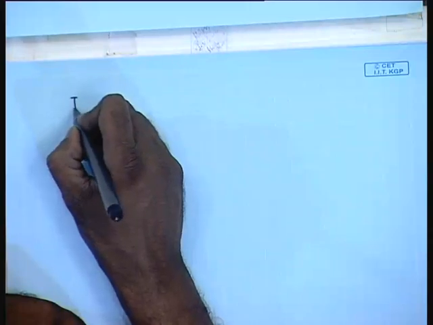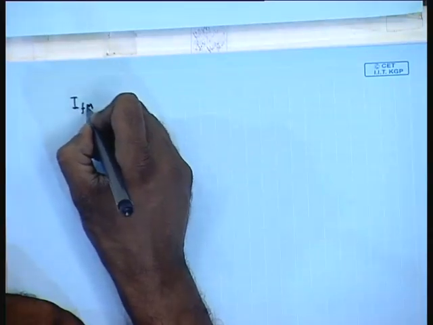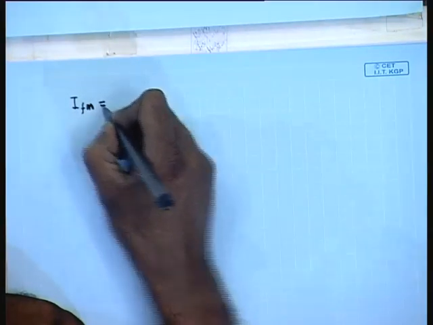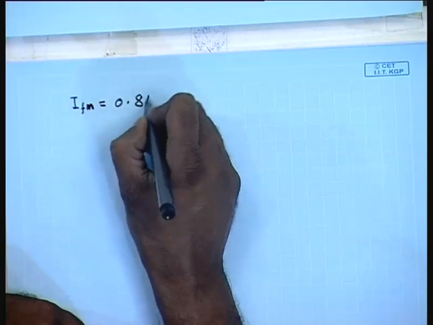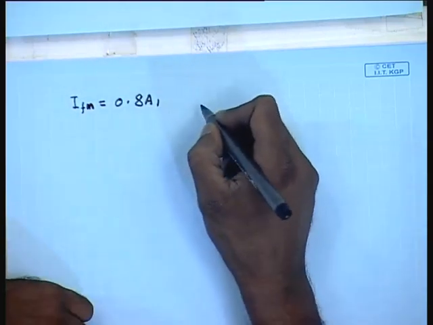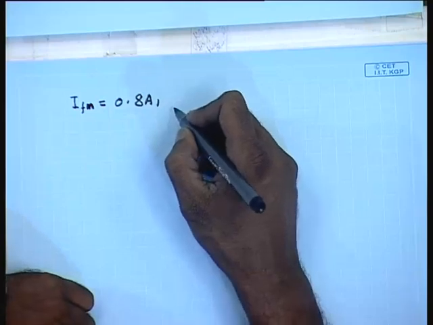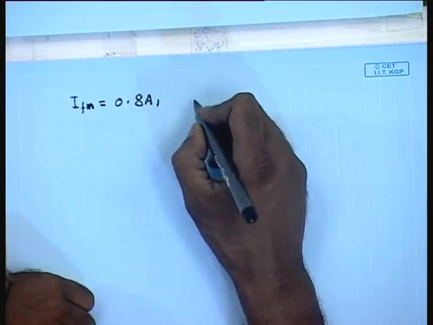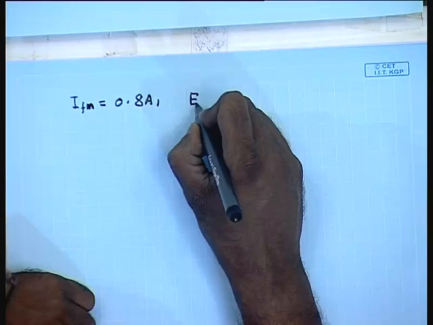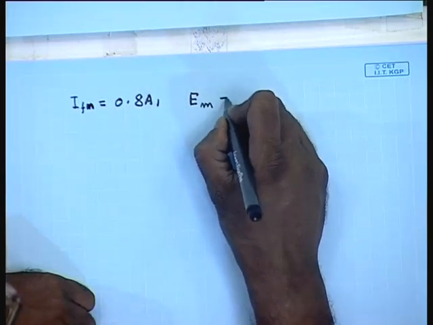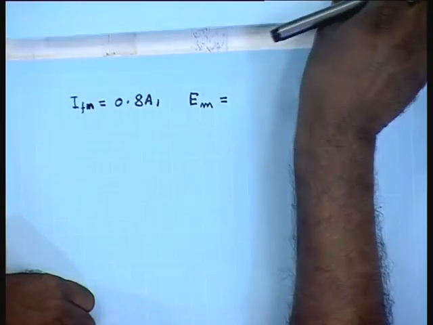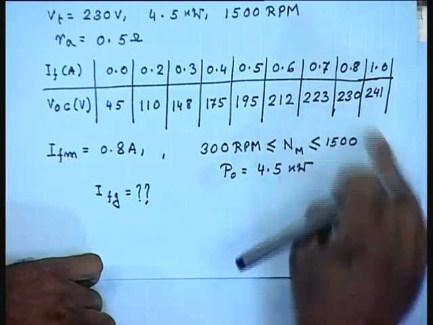So, from this data, when IFM equal to 0.8 ampere, the induced E of the motor is, from the OCC data, 230 volts.